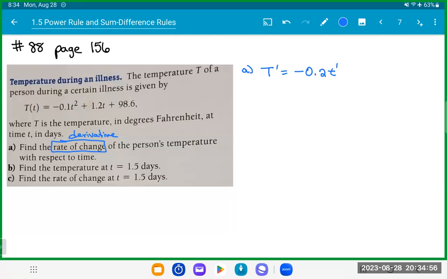So that is power of 1 up there. Then 1 times 1.2, so that's just plus 1.2. And then t, which would be 1 minus 1, so that gives me t to the 0, but anything to the 0 is just 1. And so that would be the derivative of that function up there. Okay, questions on how we got that derivative?